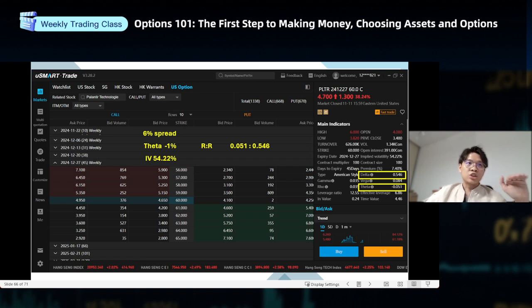So you will check on the risk to reward ratio, and you can know that it is actually 1 to 10.7, which is very high. So if Palantir goes up $1 today, you are actually making 10 times the profit compared to the time decay.